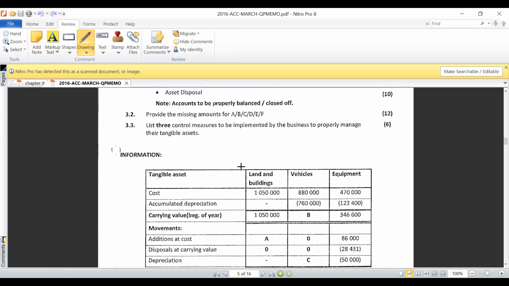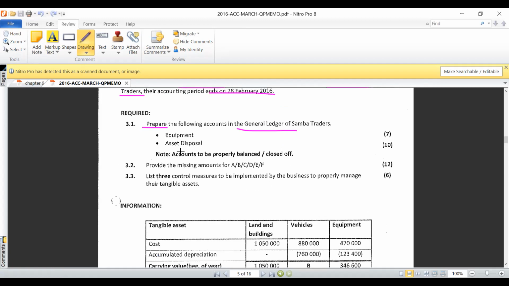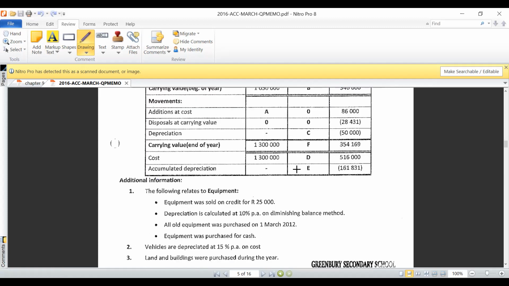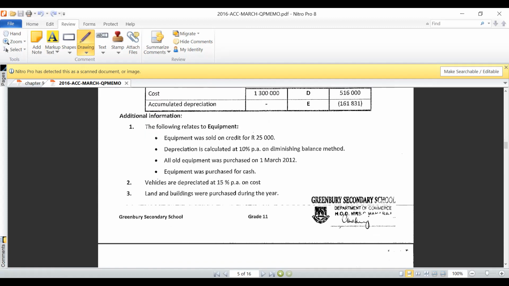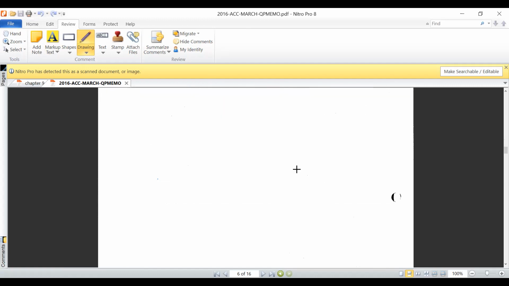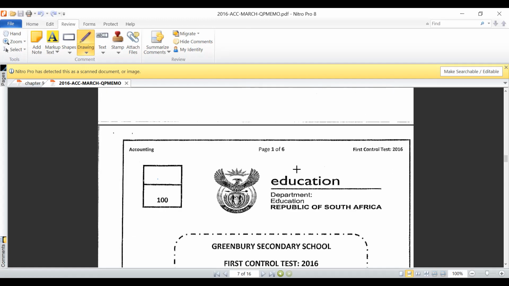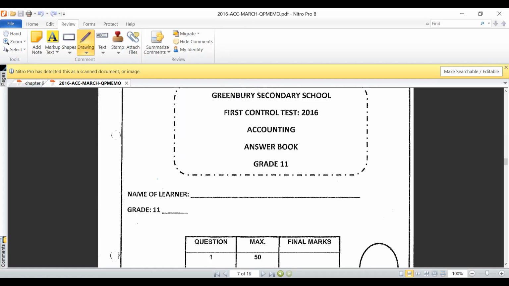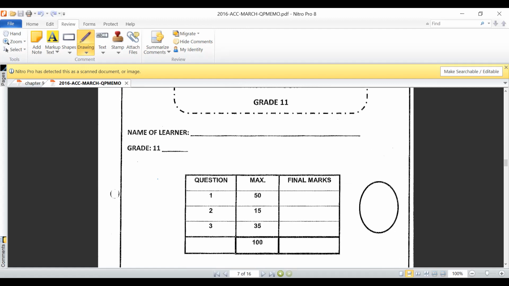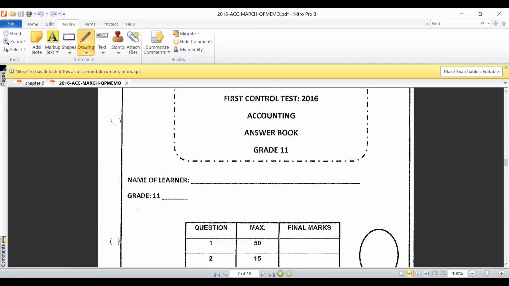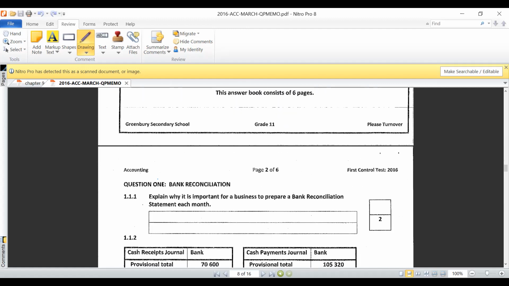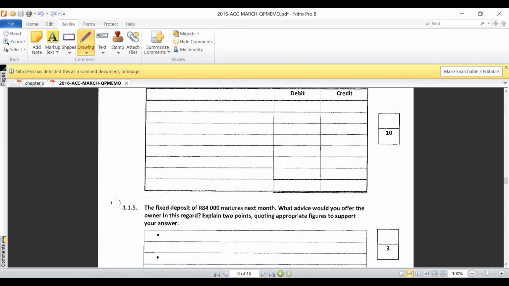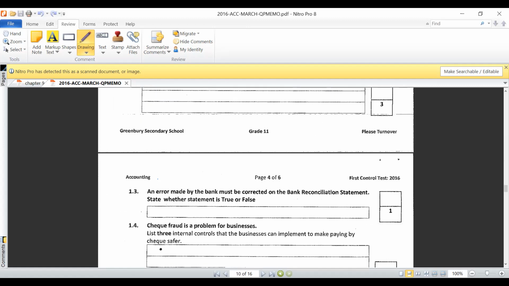Are you looking at the paper? Do you have an answer book for this? No, you were not given that. I just had to draw them on other past papers, but this is the answer book. I just got it from a website. You see, this is how your answer book looks like.